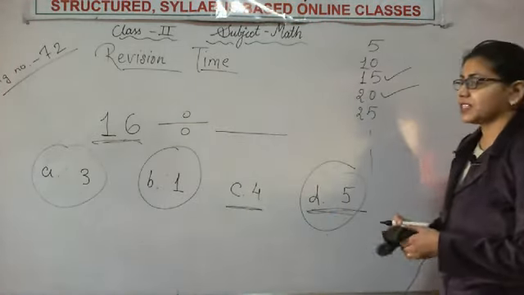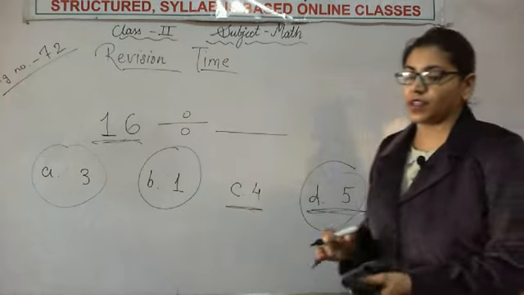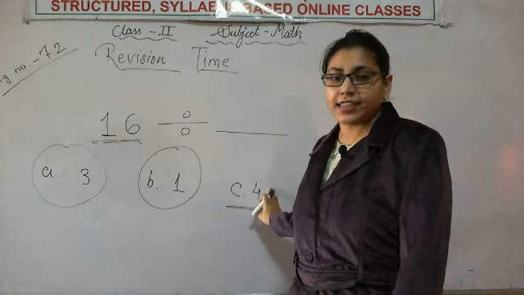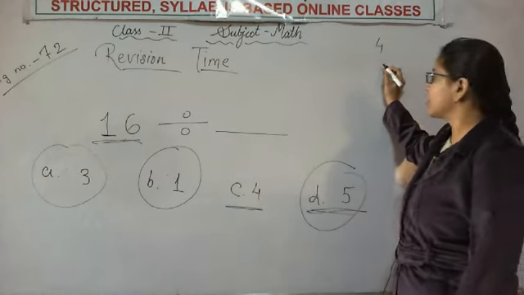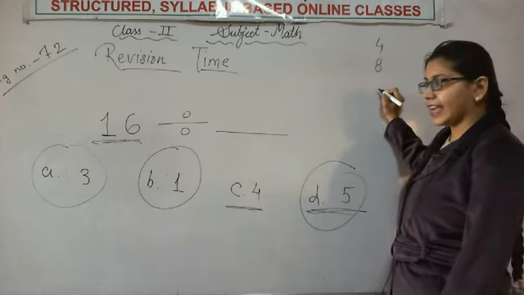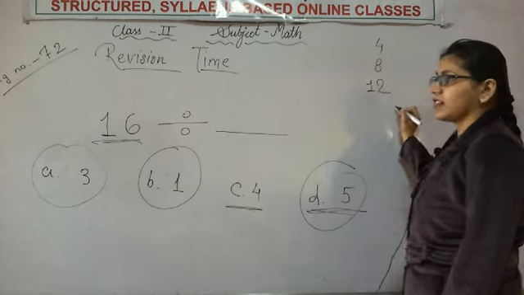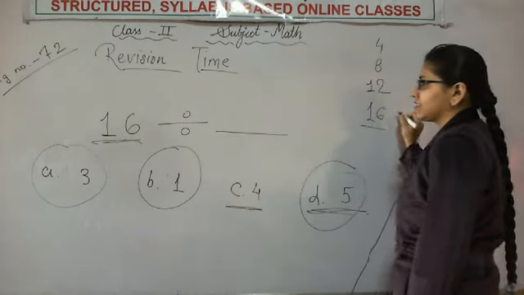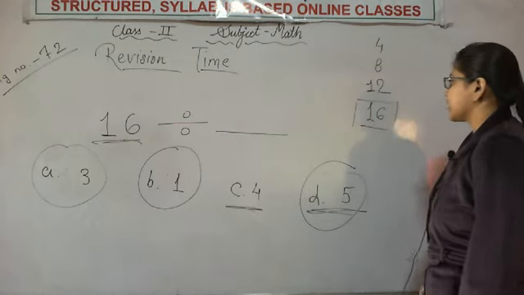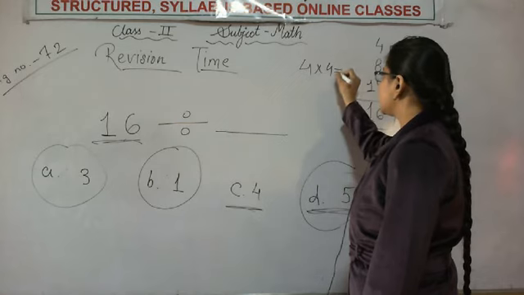Now let's check for option C. Option C is 4. Let's see the table of 4. 4 ones are 4, 4 twos are 8, 4 threes are 12, 4 fours are 16. Yes, we got 16. 4 fours are 16.